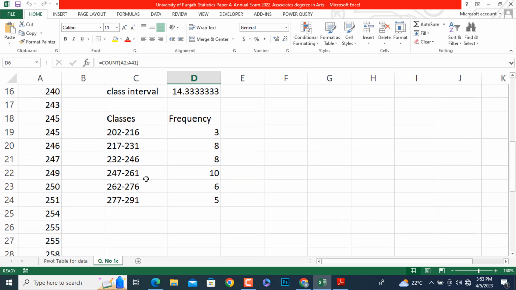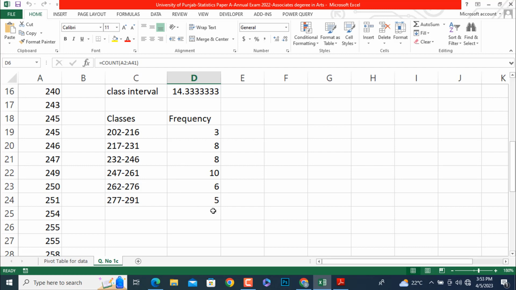So look at the number of classes: 1, 2, 3, 4, 5, 6, and here is the frequency distribution. The frequencies show that there are three values in this data which lie in the class 202 to 216, and there are 10 observations which belong to the class 247 to 261. Similarly for the others, 5, 6, 8, 8.